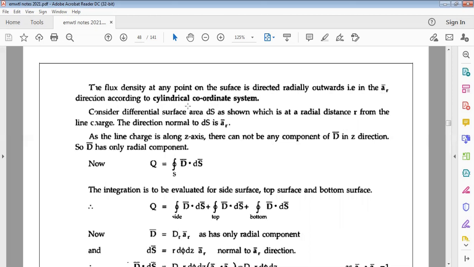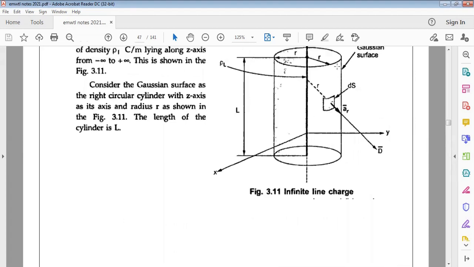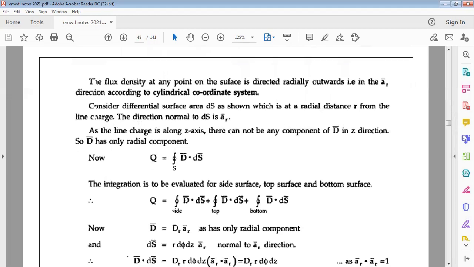So consider the differential surface area ds as shown in the figure. From the positive charge, the lines of force pass through this unit surface area ds in the AR bar direction. Consider a differential surface area ds at a radial distance r from the line charge. The direction normal to ds is AR bar.